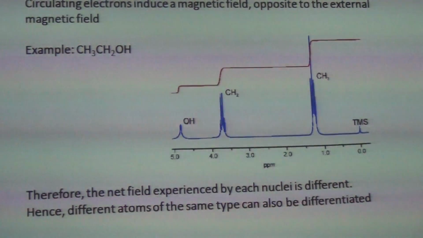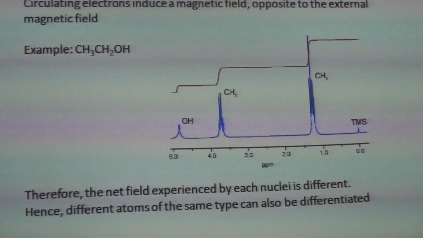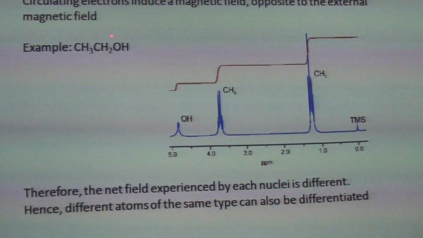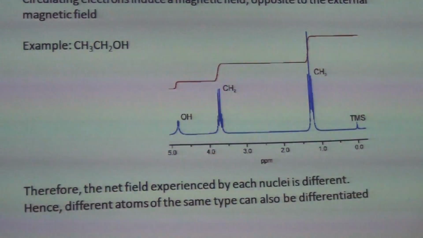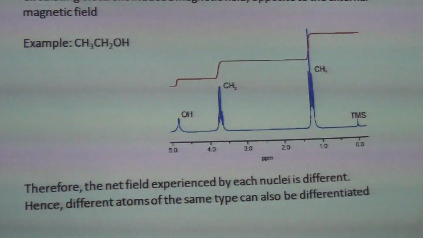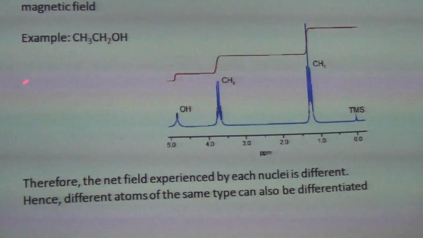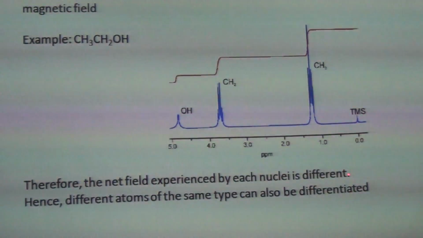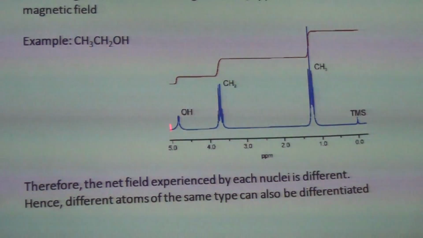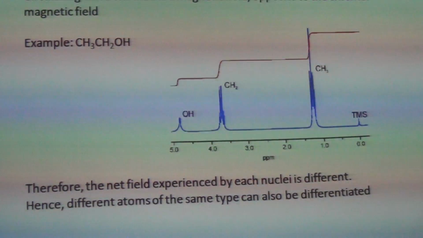Now, all of us know that oxygen is an electronegative atom, so it has a tendency to pull electrons away from hydrogen. If you see in this molecule, all these hydrogens experience a different field around them, because the electron density around each of these hydrogens is different. Since the field experienced by each of these nuclei is different, all of them appear in the NMR spectrum at different ppm values or different frequency values.